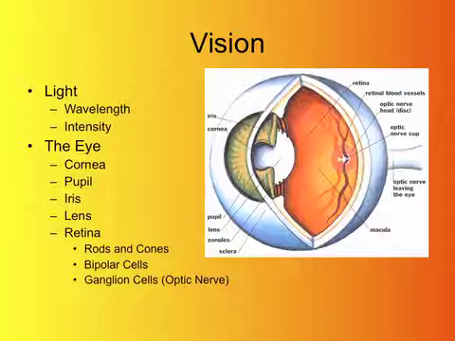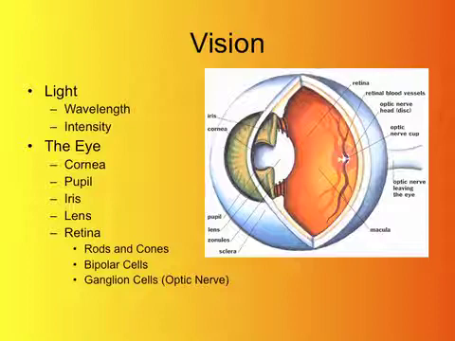And so rods and cones are in charge of coding different pieces of information. Rods are not very color sensitive, but they are very light sensitive. Cones are going to actually have different photopigments in them that help us pick up differences in color in our environment.